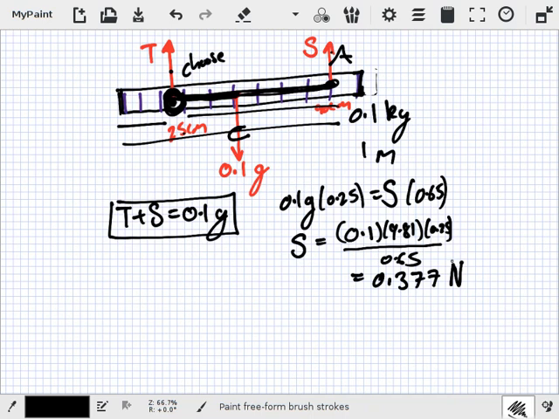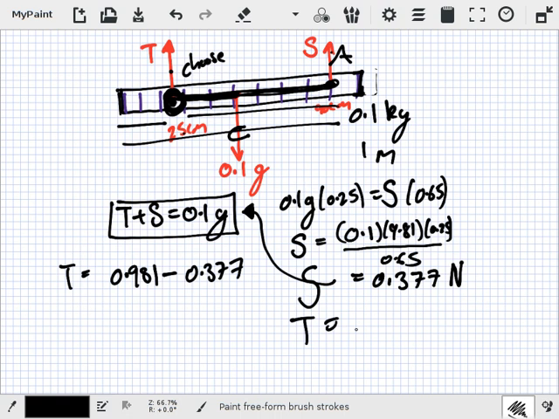Yeah. Now, can you get the T? Yeah, you just put this answer back into this one. So you get T equals 0.981 minus 0.377, so that answer was S. And what's T now? What's that, please? 0.604. Yeah, newtons. So there's my answer there.